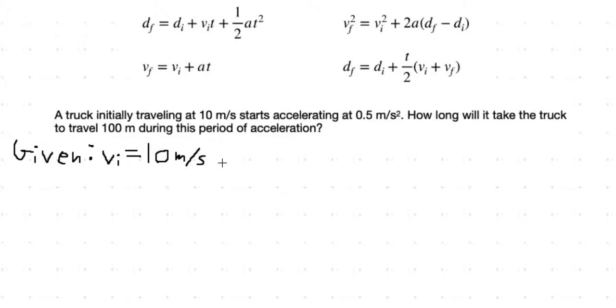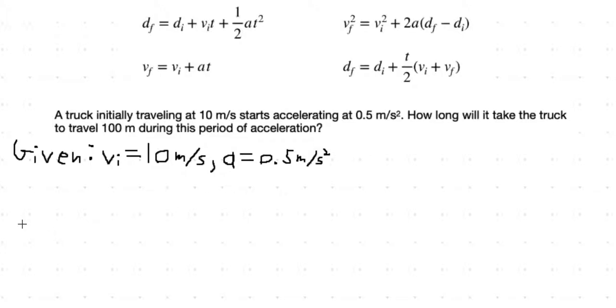And then it says it starts accelerating at 0.5 meters per second squared. So we're also given the acceleration. And then for the second part, it says, how long will it take the truck to travel 100 meters during this period of acceleration?